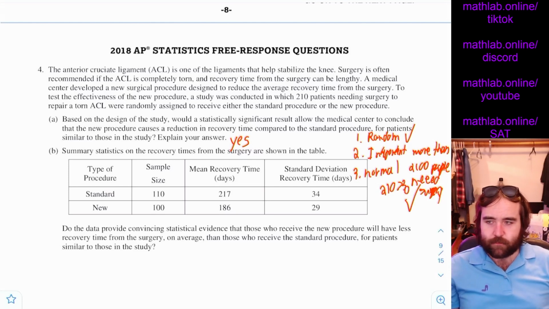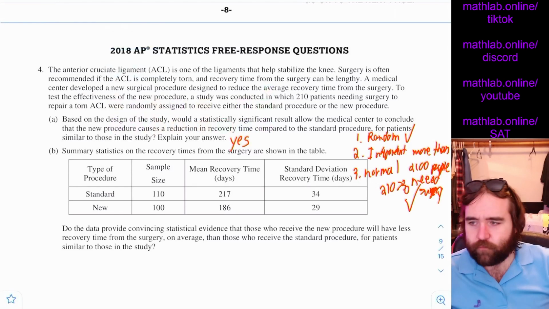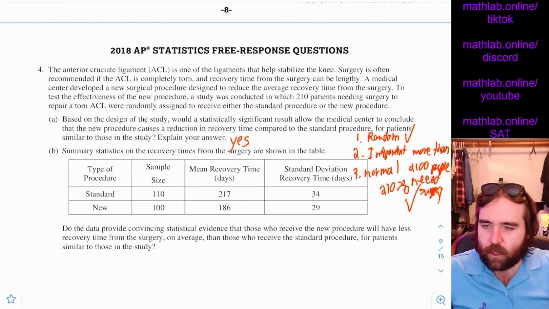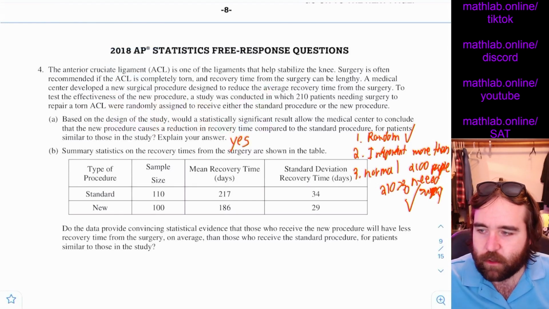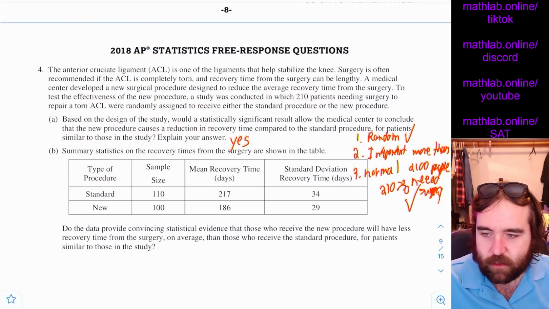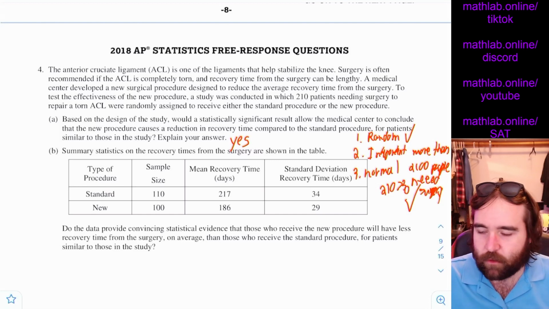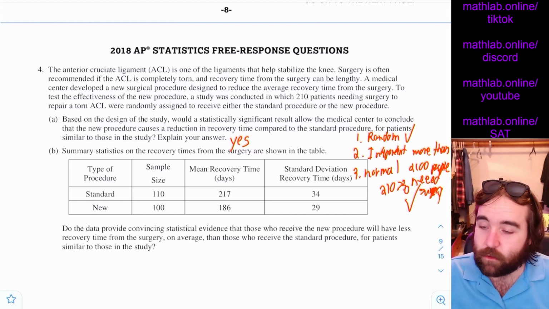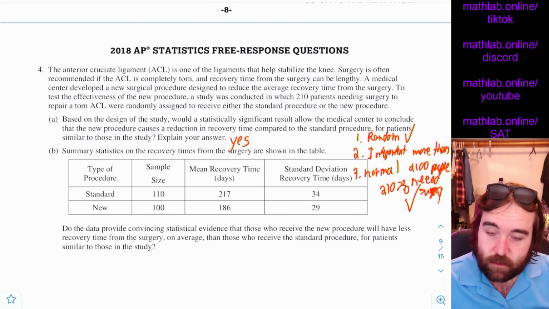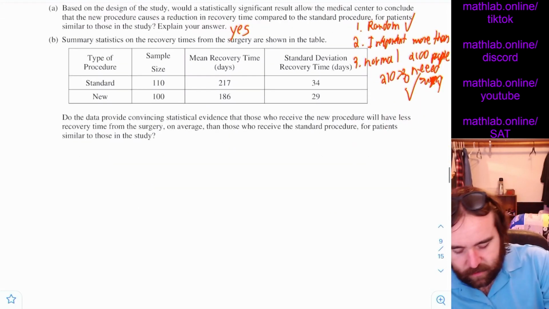So yes. Okay. B. Summary statistics on the recovery times from the surgery are shown in the table. Do the data provide convincing statistical evidence that those who receive the procedure will have less recovery time on average? Okay, so we've got to do a t-test. We've got to do a 2-sample t-test. So we already did the conditions.